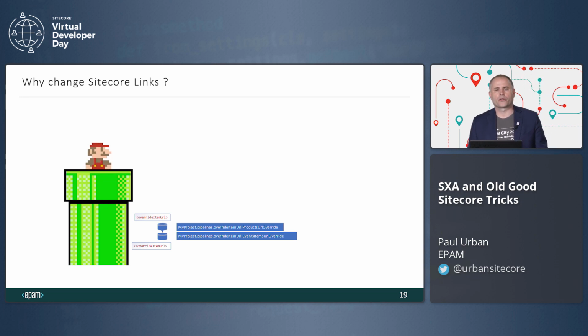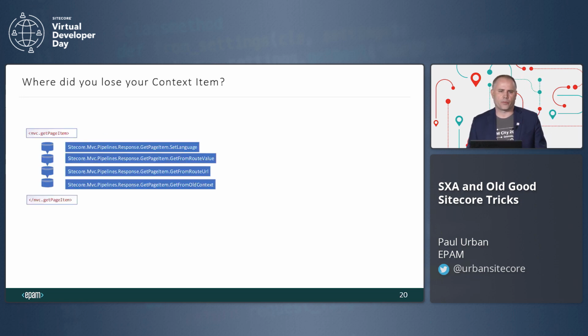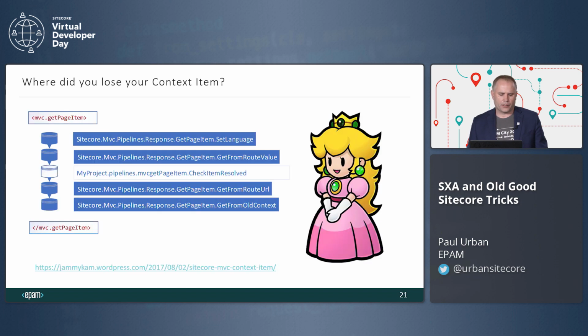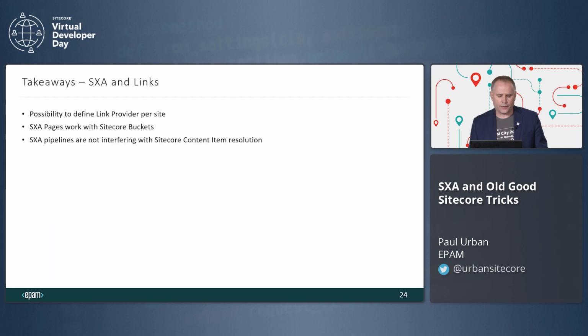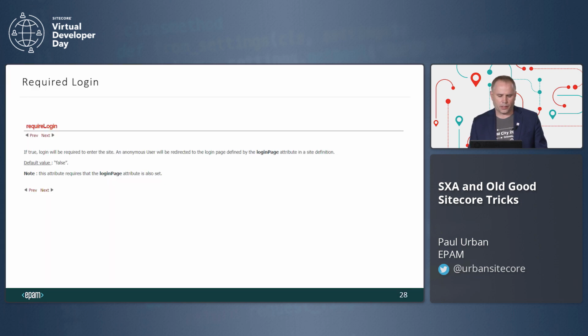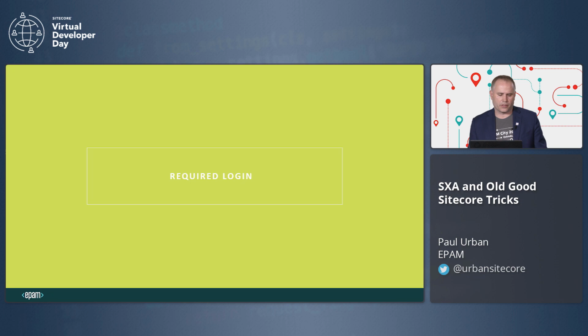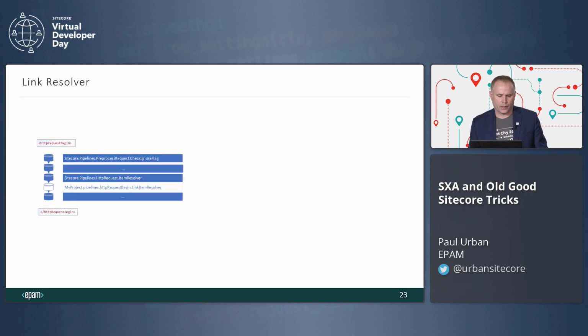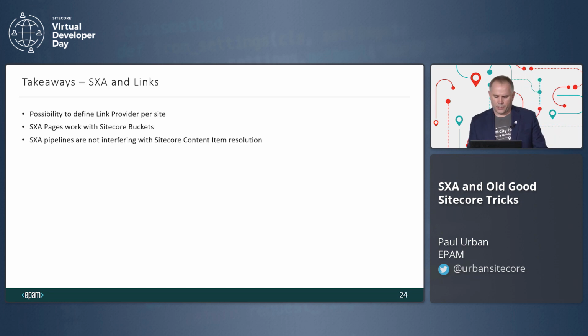So usually we add a processor in the HTTP request begin pipeline. We have to implement our link resolver. So how it works: in HTTP request begin, we have to add our request item resolver.